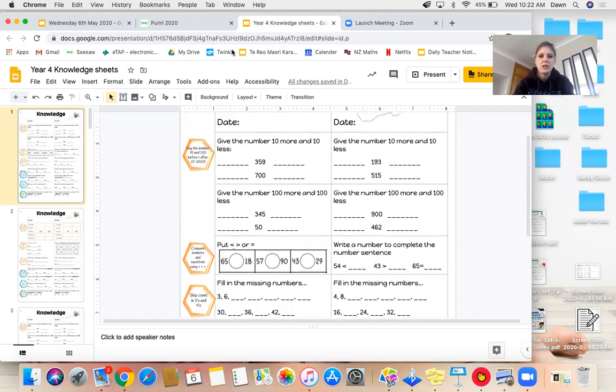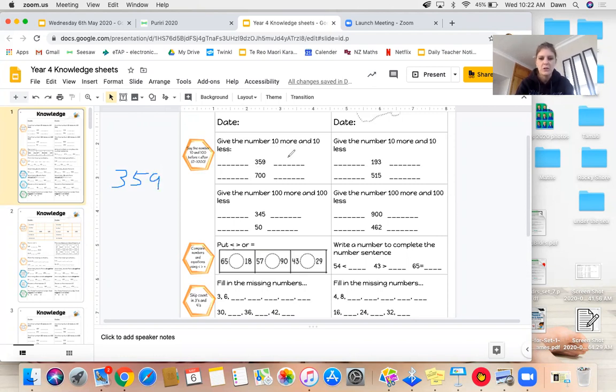Okay, but first I need to show you, if you look at the first part, it says, give the number 10 more and 10 less. Now remember, if you look at the first number, 358, the number that's going to be more will be on the right-hand side.